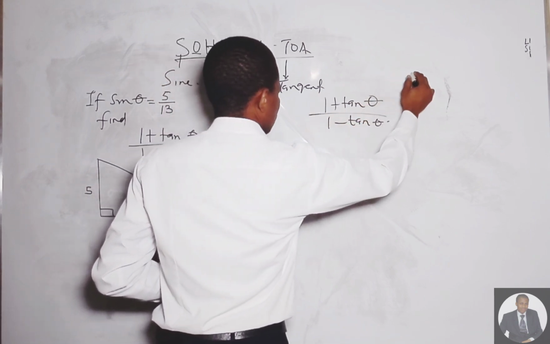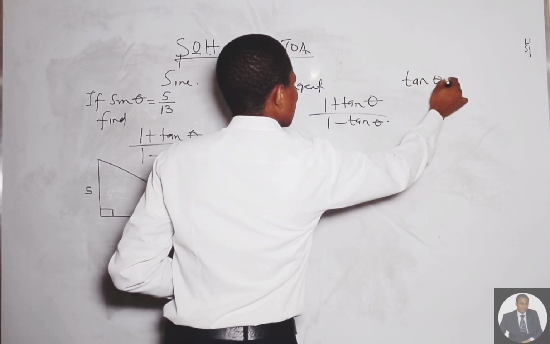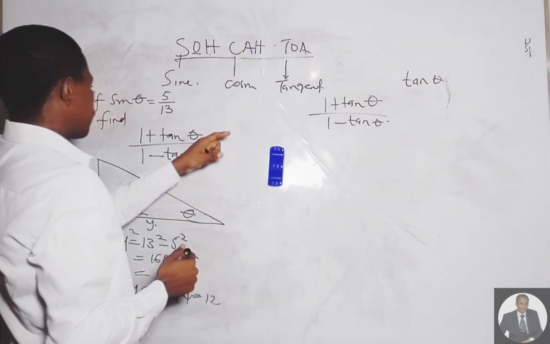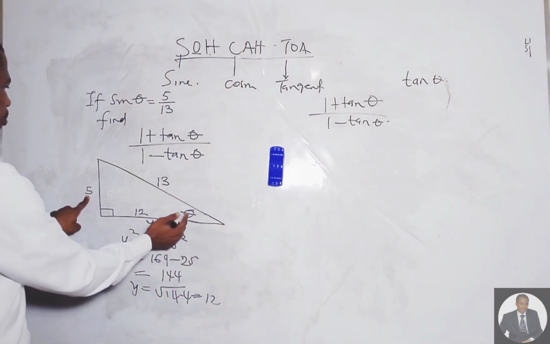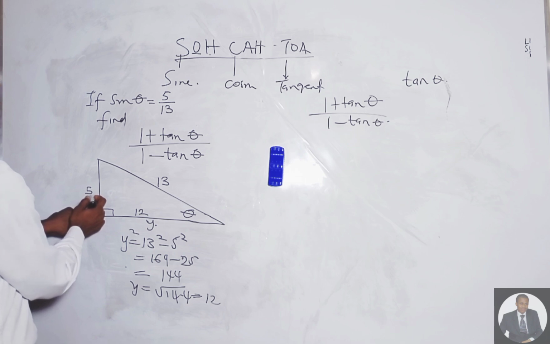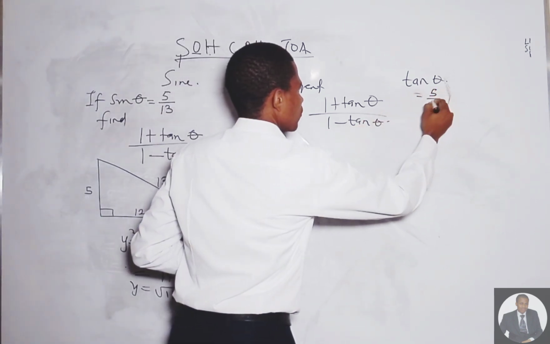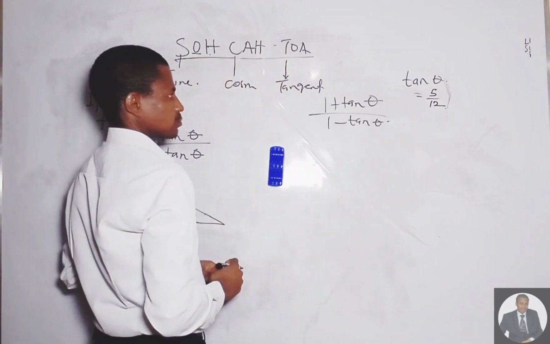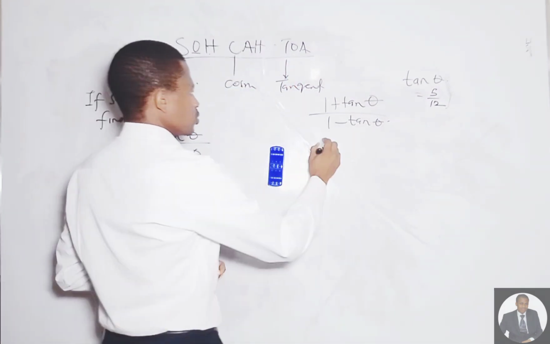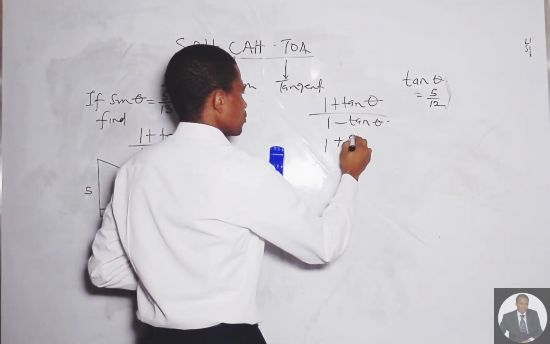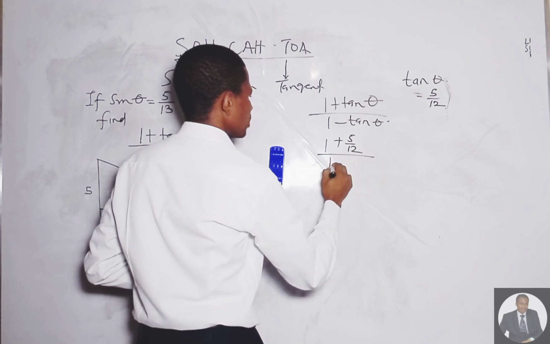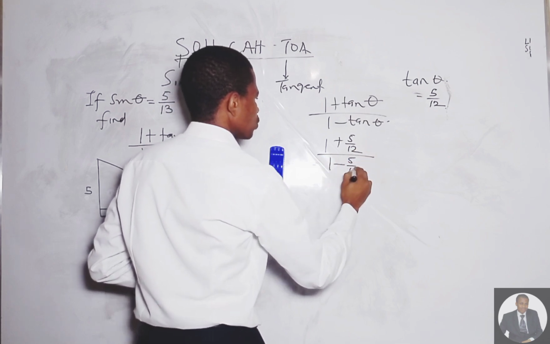What's tan theta? Tan theta, TOA, opposite 5 over adjacent 12. That is 5 over 12. So it means 1 plus 5 over 12 all over 1 minus 5 over 12.